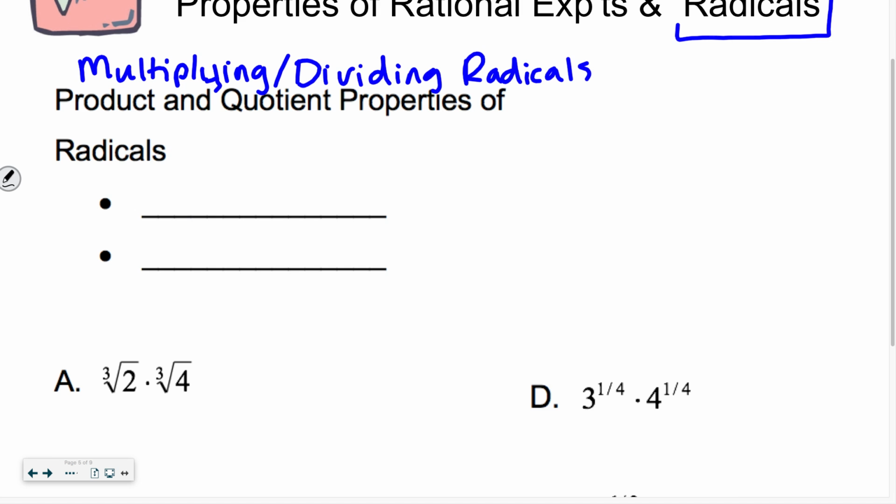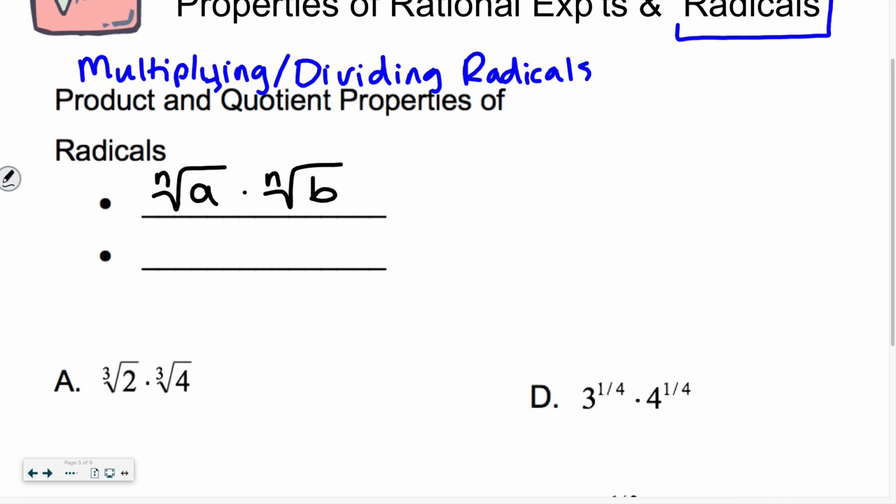The multiplication property of radicals says this. Suppose you have the nth root of a, and you're multiplying it by the nth root of b. Notice in these radicals, the index or the root is the same. The radicand, remember that, the stuff underneath the radical, may be the same, may be different.